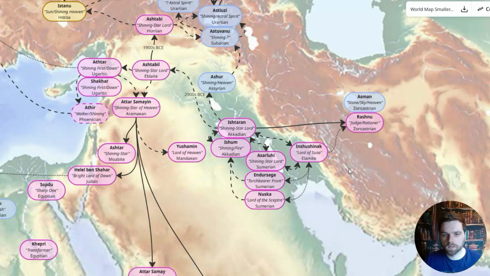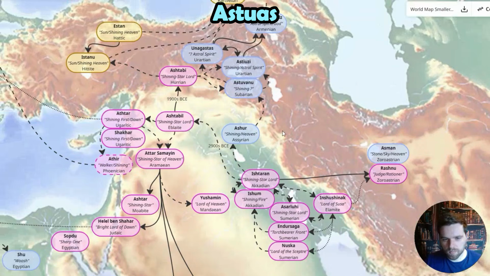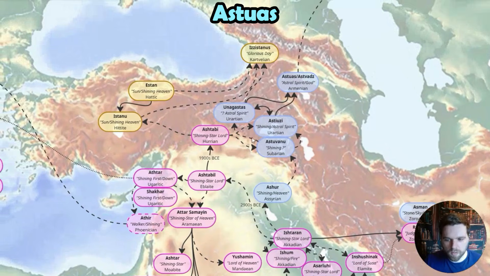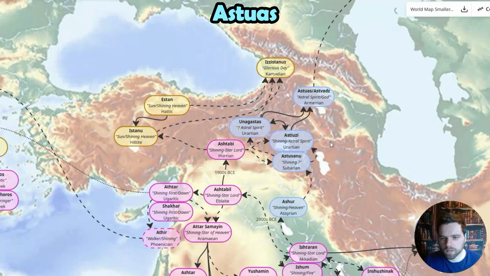god complex. So the last aspect of this Ishtaran type I would like to talk about up here in Anatolia and the Caucasus region.